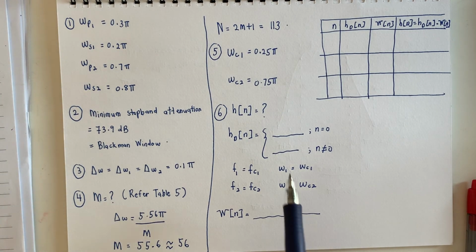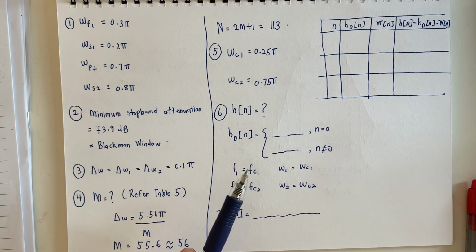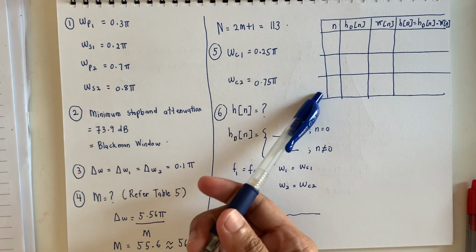Basically, the objective of step number 6 is to find the filter coefficients. In this question, it didn't state your coefficient values. If the question did state the coefficient values, for example n equals 10, 11, 12, then you have to write down 10, 11, 12.